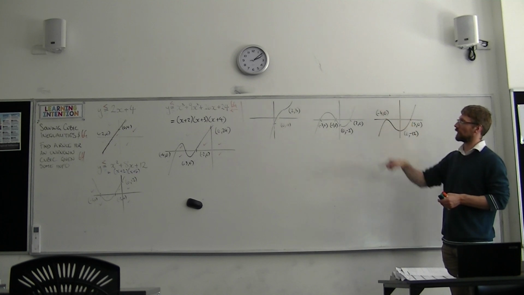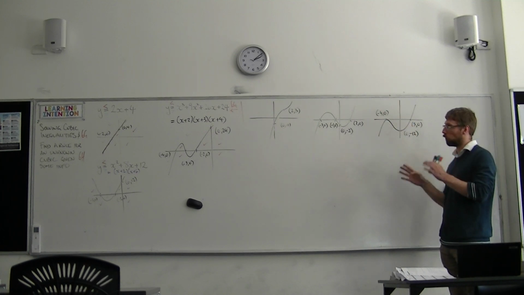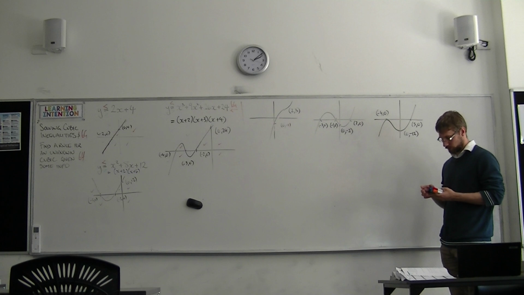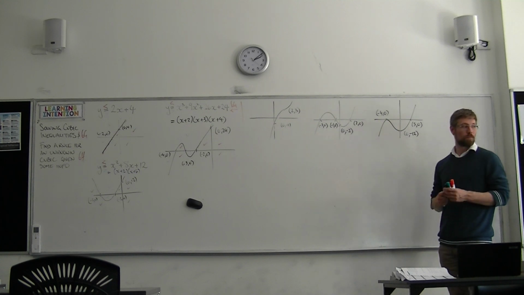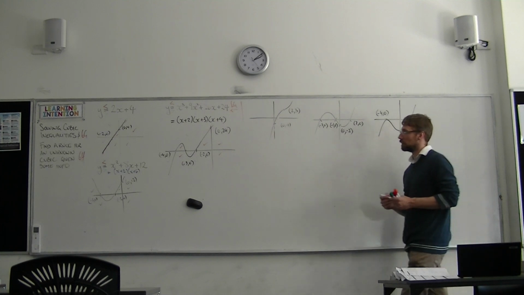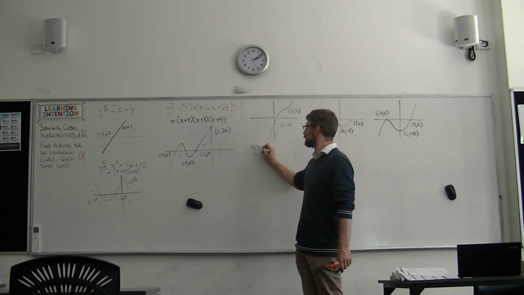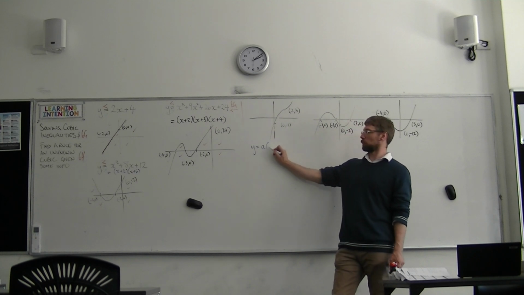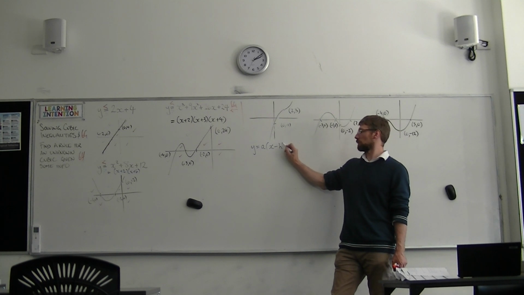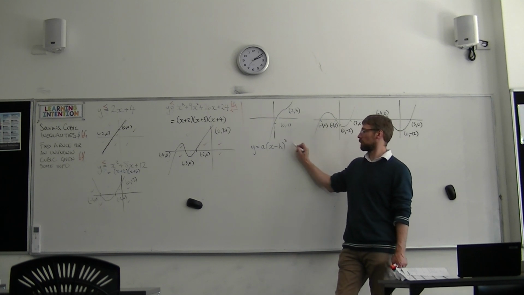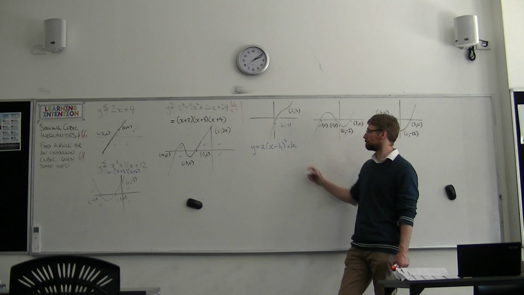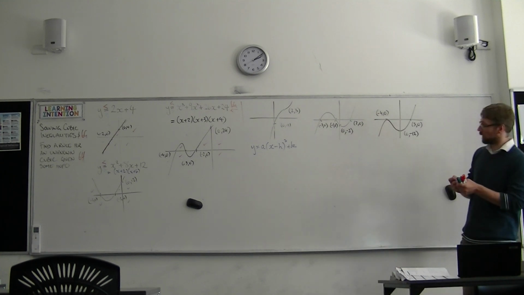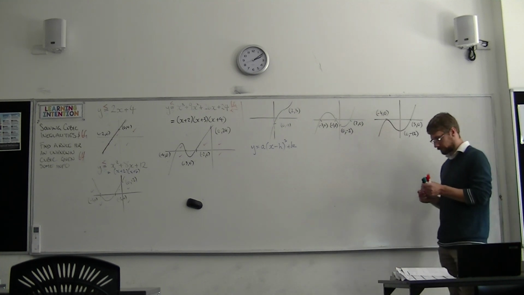If it looks like that, what kind of form does the rule have? What do we got? y equals a, open bracket, x minus h, close bracket, cubed, plus k. Right. It's the nicest one you can get usually.